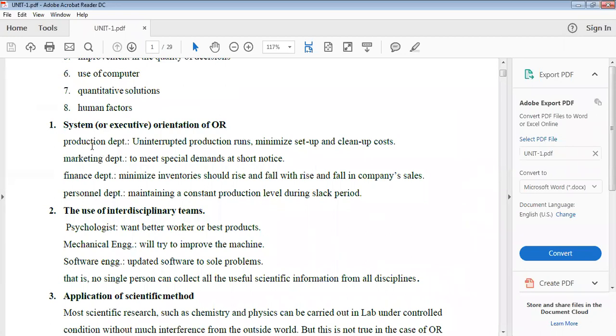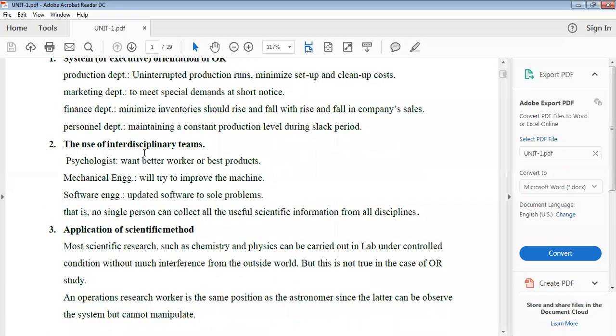On system orientation of OR: there are production department, marketing department, finance department, and personnel department, the four departments. This is one system, the second system, third system, fourth system, all coupled together to give the total main system, through which certain problems can be solved through OR. So the entire operations research is system oriented, not generally oriented.